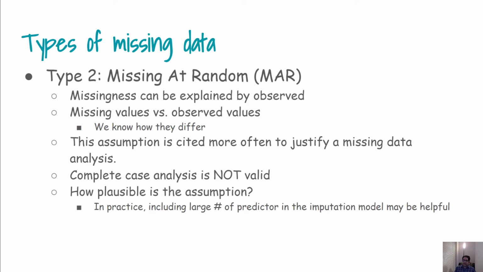The second type of missingness can be missing at random, where missingness can be explained by the observed variables or measurements.